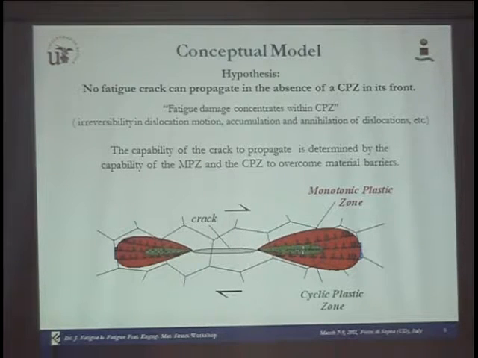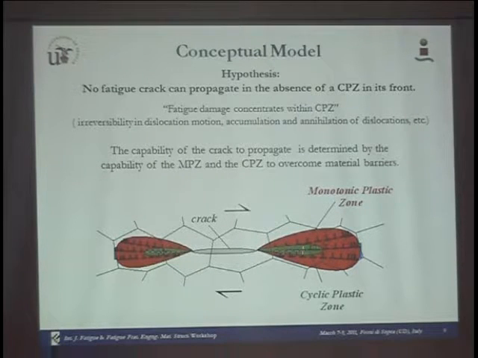The main hypothesis of this work, and we think it is a natural hypothesis, is that no fatigue crack can propagate in absence of a cyclic plastic zone in its front. What is behind this assumption is that fatigue damage is concentrated in the cyclic plastic zone due to, for instance, the irreversibility of dislocation motion, and the accumulation and annihilation of dislocations, and so on.